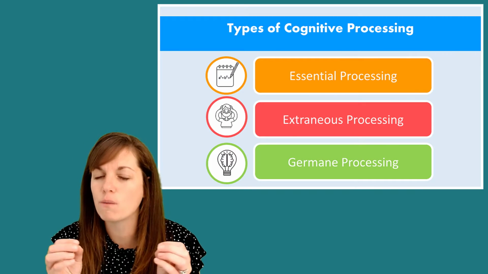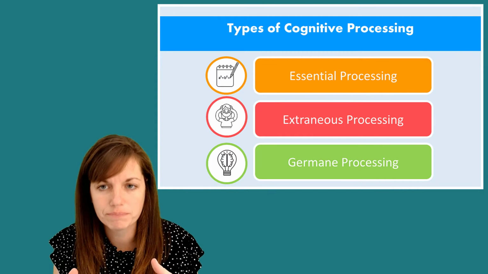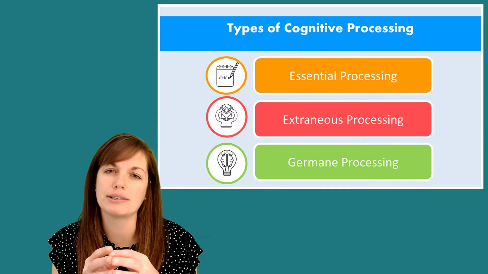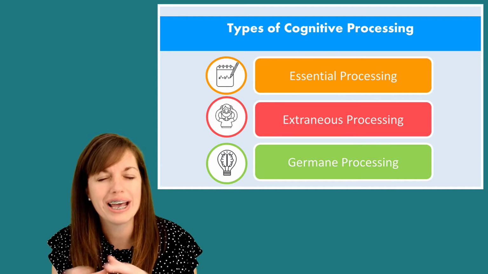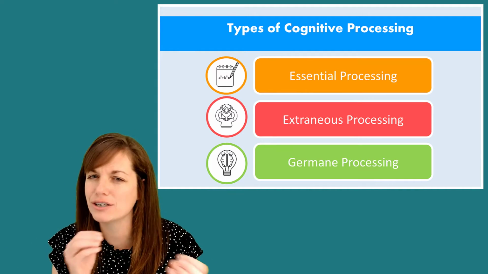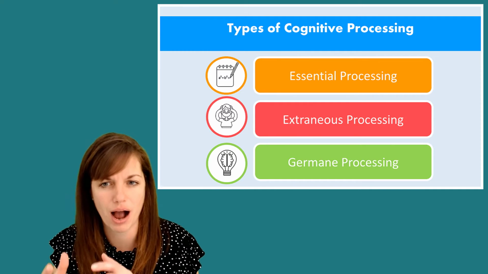Similar to cognitive load theory, we have processing load that we need to be aware of. Essential processing is the material that is directly relevant to the learning topic or content. The extraneous processing, similar to extraneous load, is the noise or any extra elements that do not facilitate the learning process.